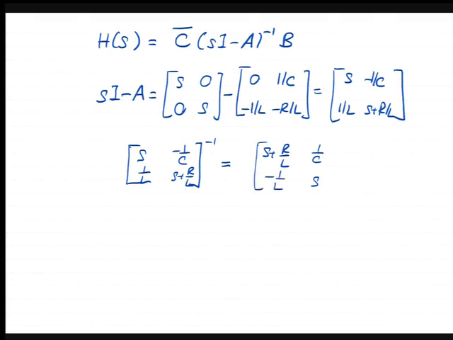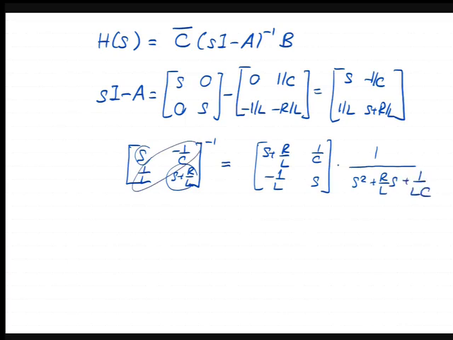And then, of course, you divide by the determinant. The determinant is going to be the product of this and that. That is s squared plus R over L s minus the product of these, which is plus 1 over LC.